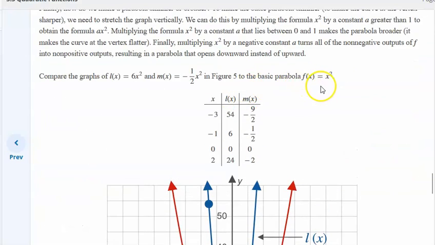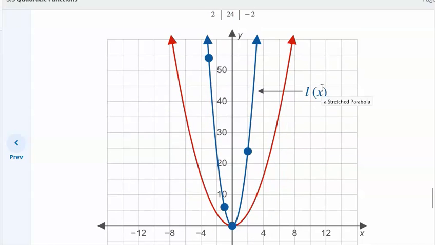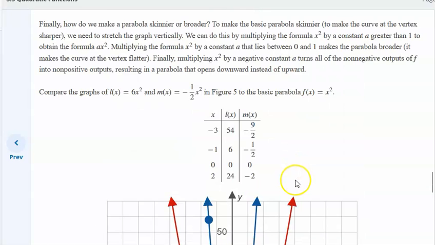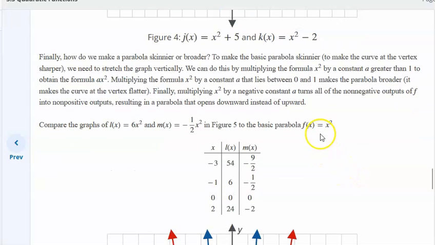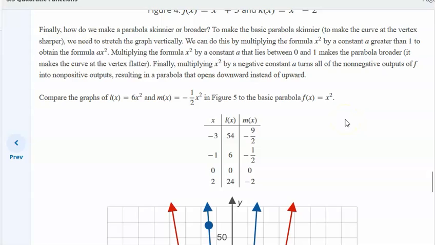Okay, we'd like you to compare now these two graphs. Notice our vertex is 0. And what happens in stretching or shrinking a parabola? You'll notice that in red, the basic parabola is our x squared.